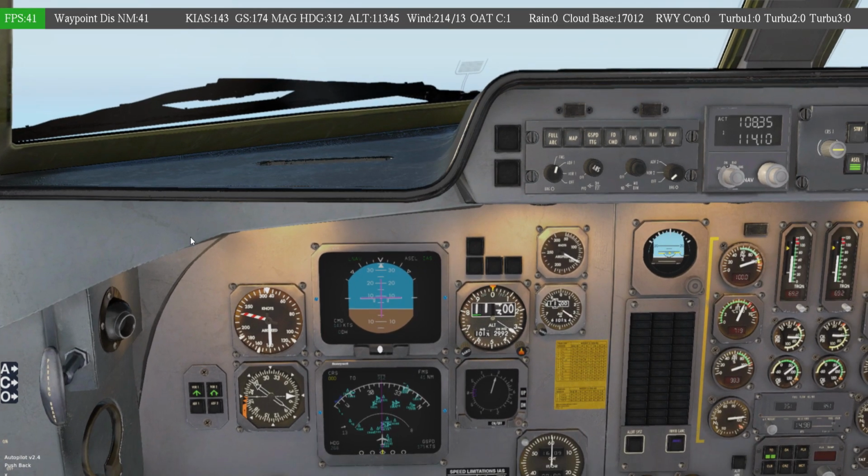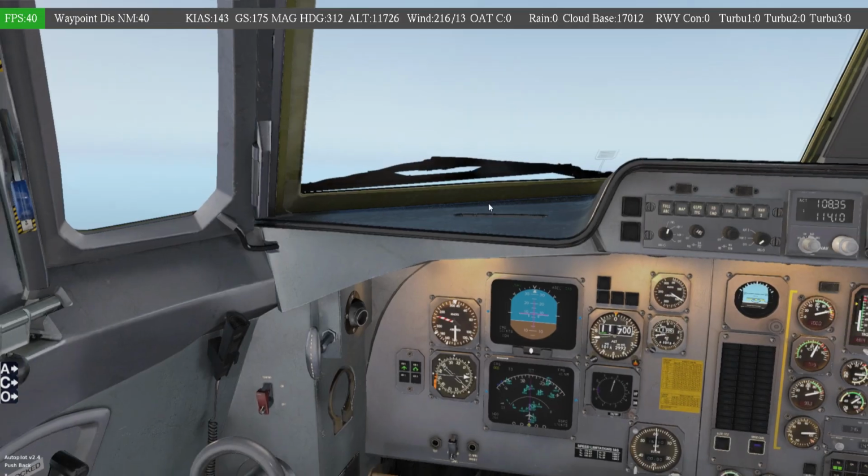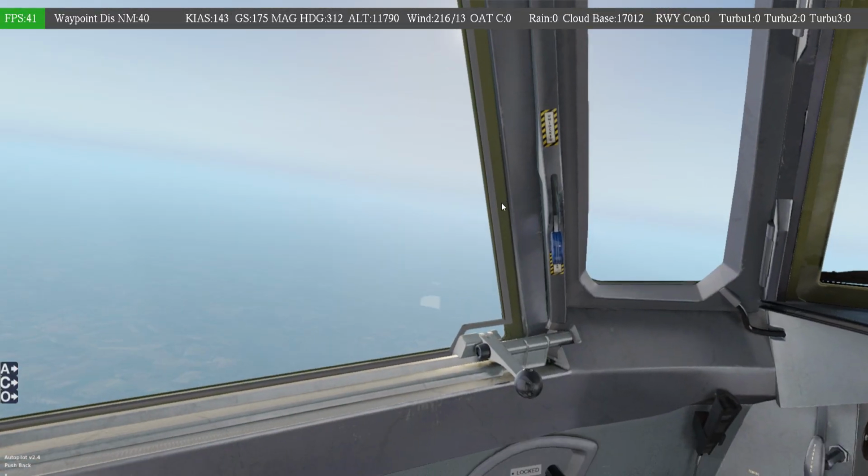Okay, and we are getting closer to our cruise altitude here. And that's nice, because then we can start accelerating even further.